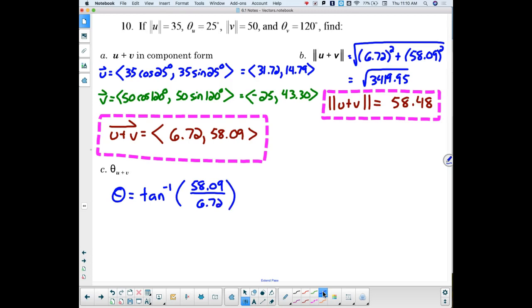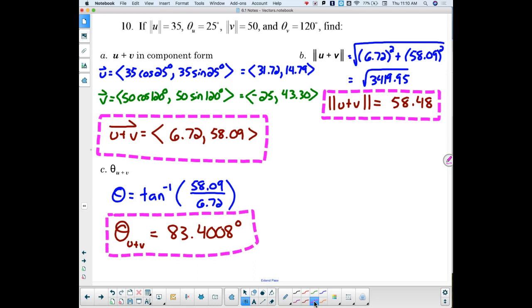And when I do that on my calculator, I get a direction angle of u plus v as 83.4008 degrees. Agree?